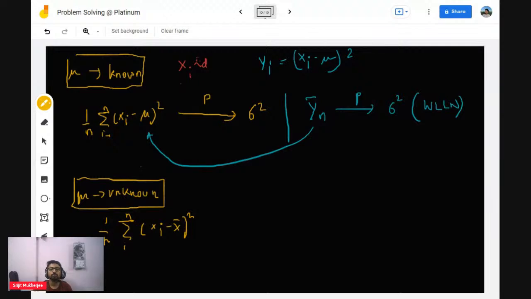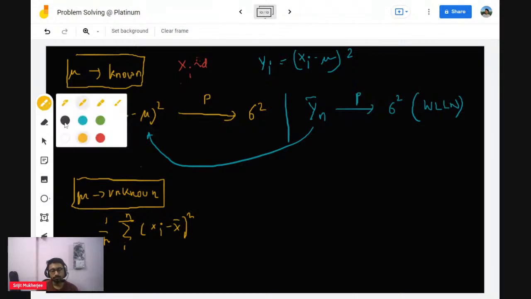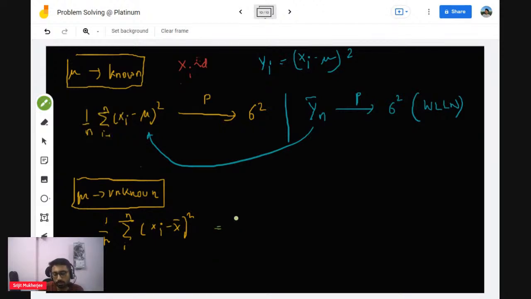Anyone need to understand what he told? He told that we can write this function in terms of what? Let's take an example.